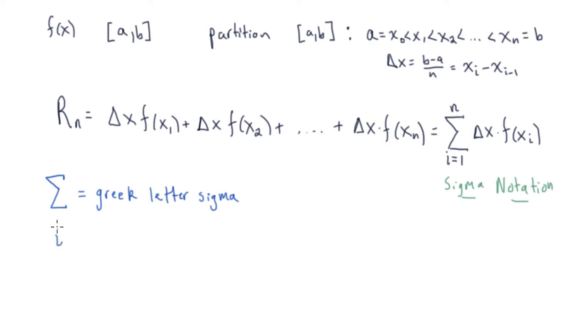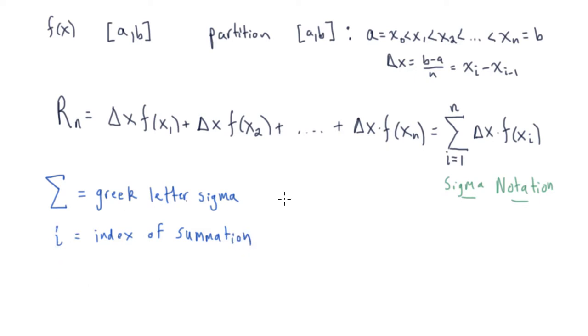I is called the summation index, or in other words, the index of summation, sometimes just called the summation index, or the summation variable, whatever you want to call it.